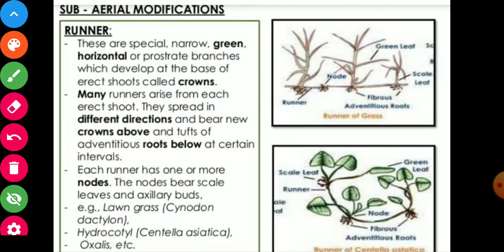Runners. This is also a modified stem. They are green, horizontal, prostrate branches which develop at the base of the erect shoot called crowns. Many runners arise from each erect shoot.